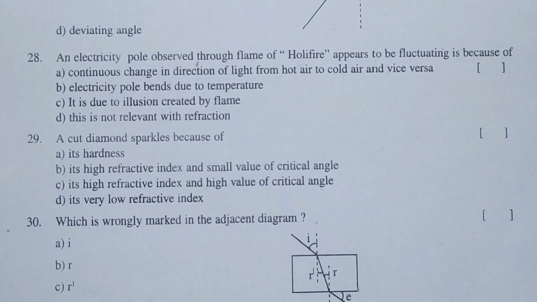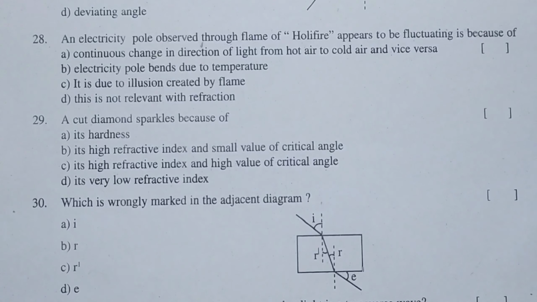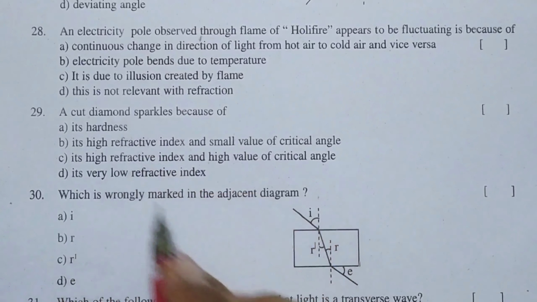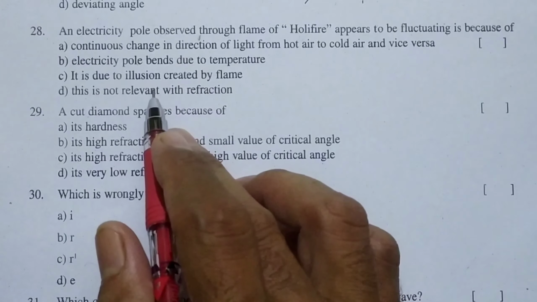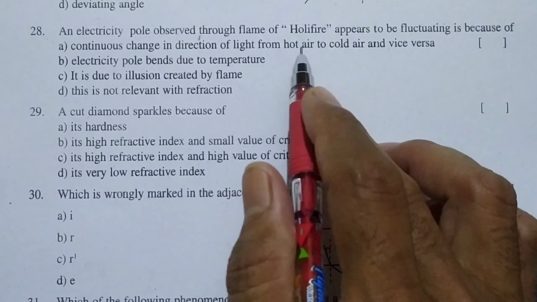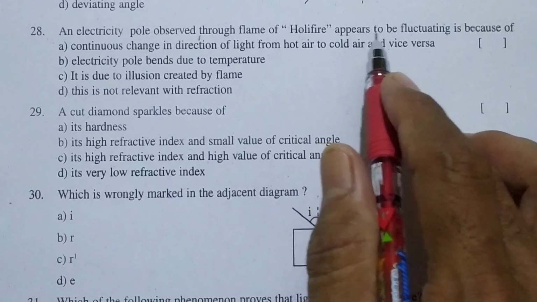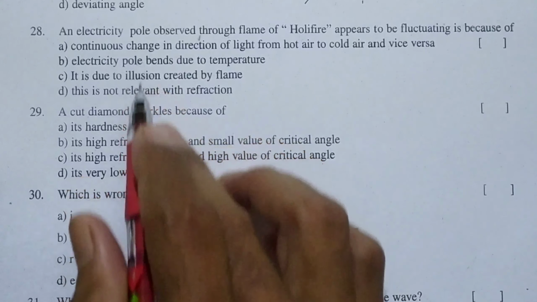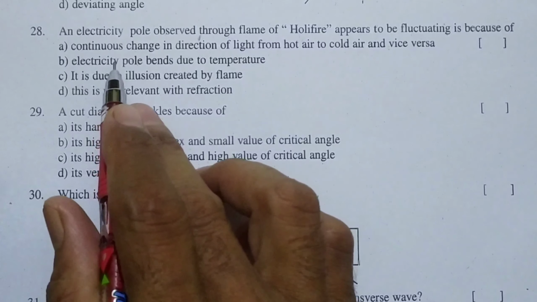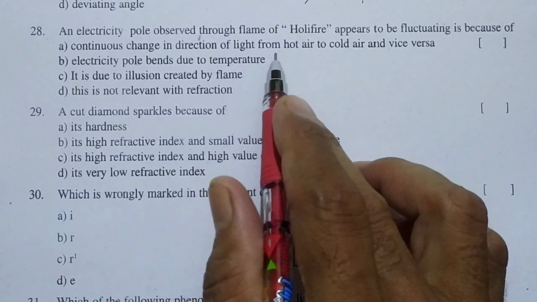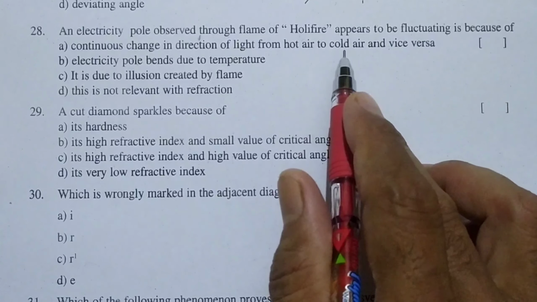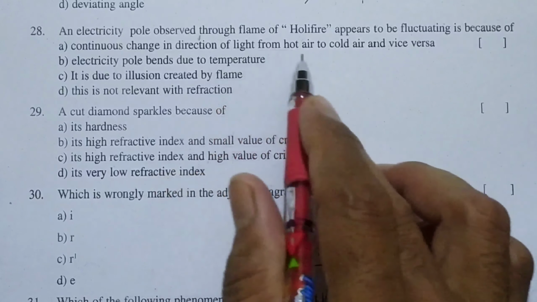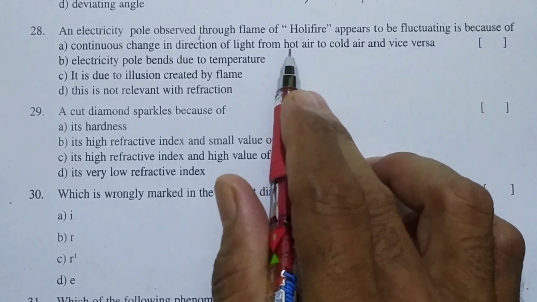Now we see question number 28. An electric pole observed through the flame of holy fire appears to be fluctuating because of... There are 4 options given. Continuous change in direction of light from hot air to cold air, and vice versa, means continuous change in the direction of light from cold air to hot air also.